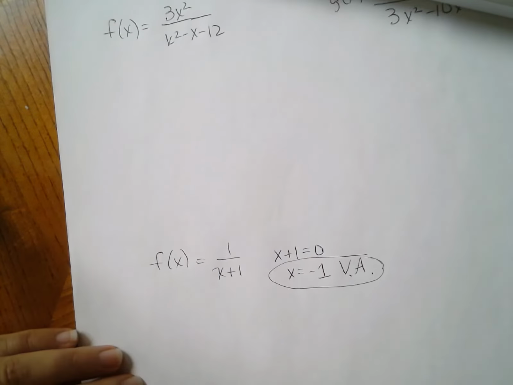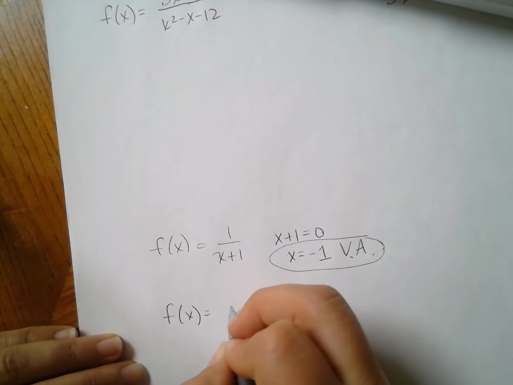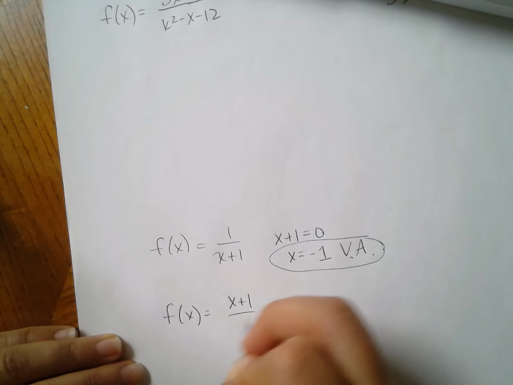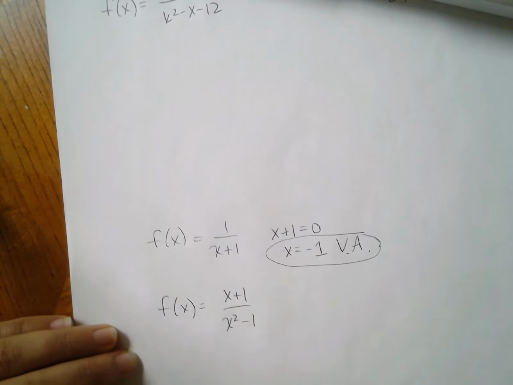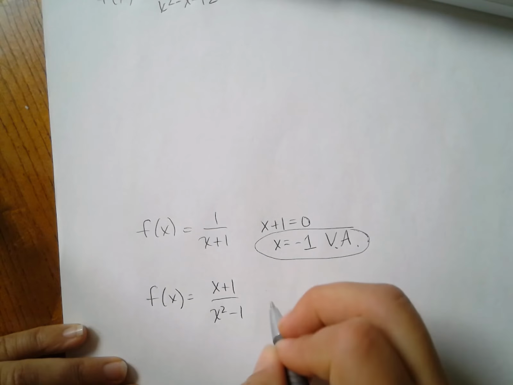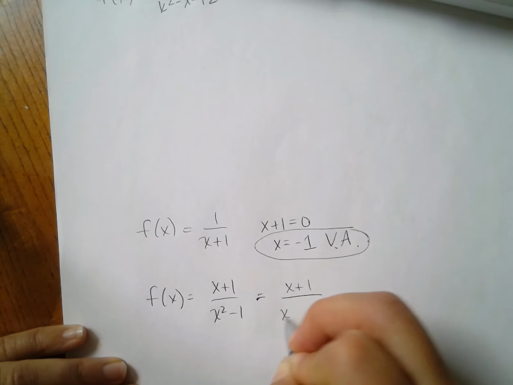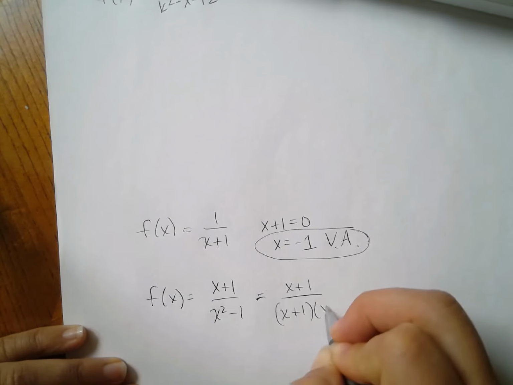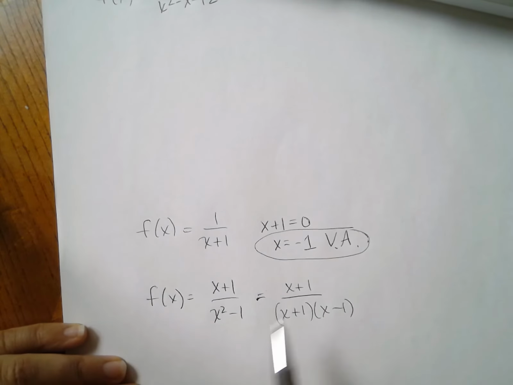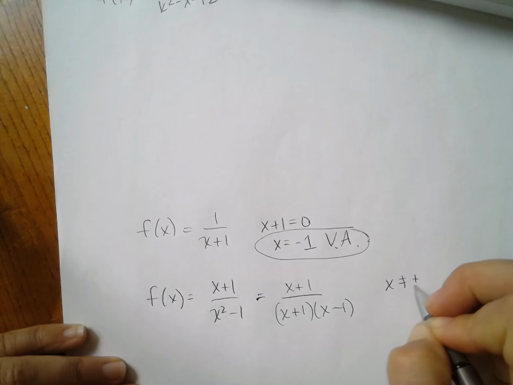Okay. So if instead I had f of x equals x plus 1 over x squared minus 1, the denominator now can be simplified or factored. I'm going to rewrite this as x plus 1 over x plus 1 times x minus 1. Now my domain restriction here would be that x can't be plus or minus 1, right?